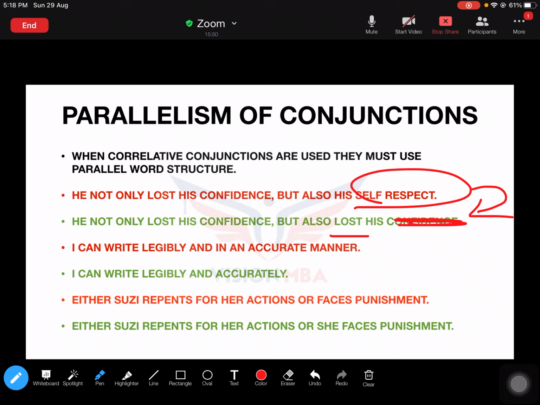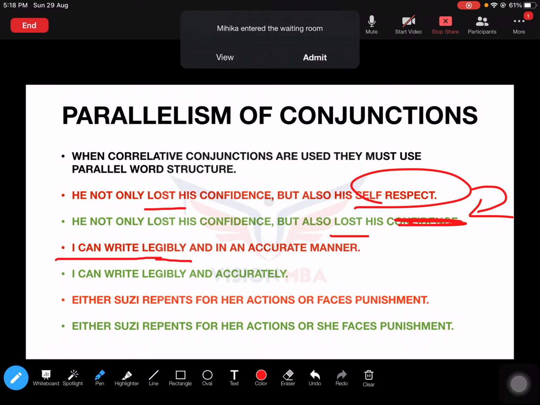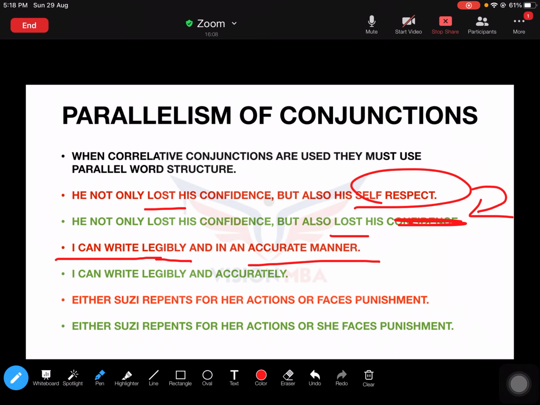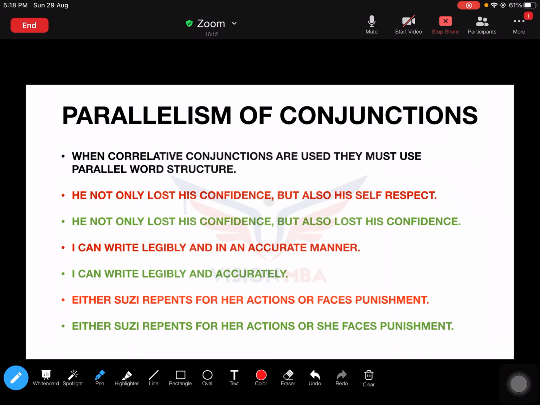So lost is not there. I have to maintain the pattern of the sentence. That is what parallelism is. I can write legibly. Legibly means correctly, legally, and in an accurate manner. Now, legibly is there, so I should use another word accurately.